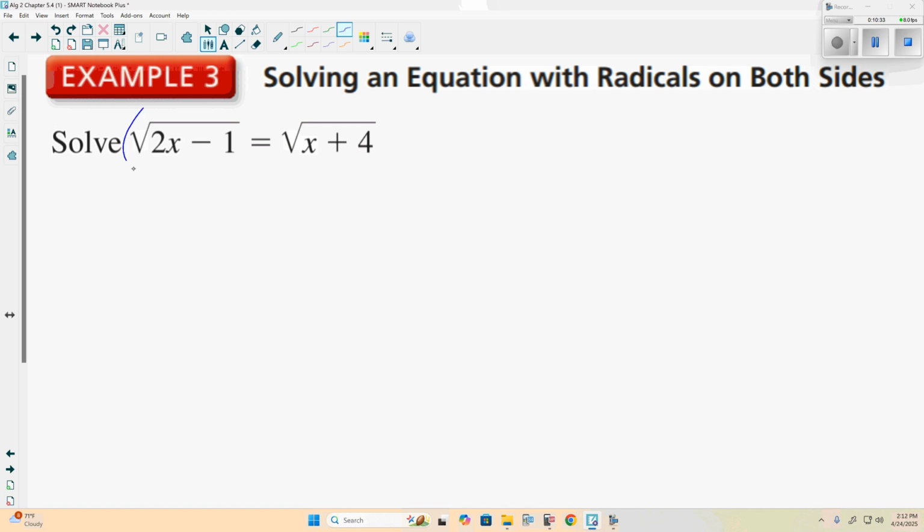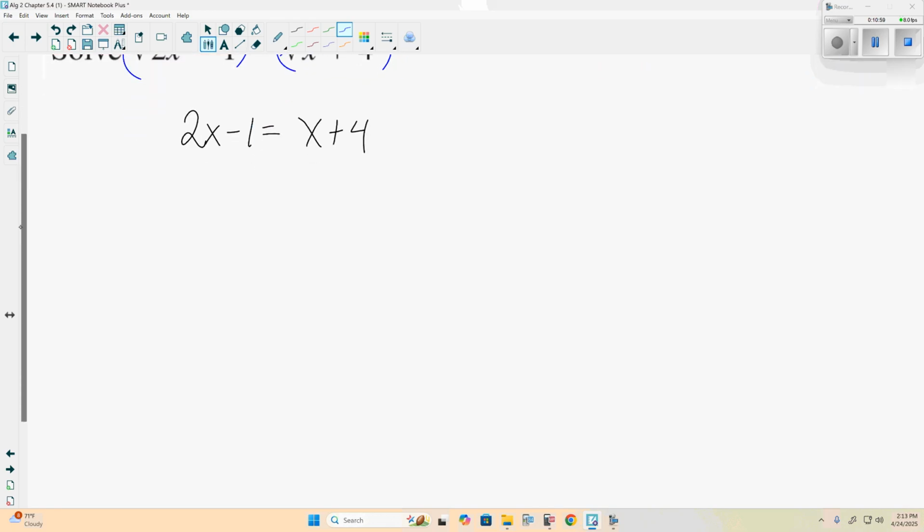Okay, let's go to step 2. Put both sides to the nth power. So we're going to square both of them. On the left-hand side, the square root and square would cancel out, telling us that we have 2x minus 1. On the right side, square root and square would also cancel out, telling us that we have x plus 4. There are no radicals left, so we're going to solve for x.